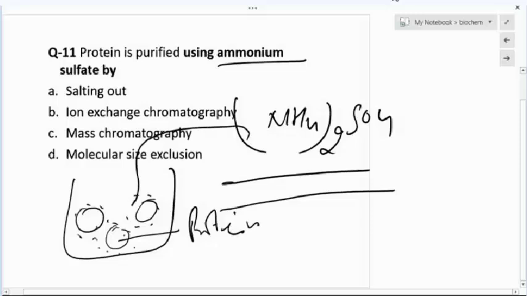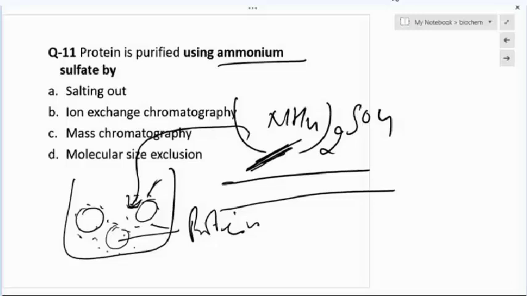When you add the ammonium sulfate powder in this protein solution, the ammonium sulfate will try to dissolve itself. In that attempt, it will deprive the protein of its water shell. It will consume a lot of water to solubilize itself, so the water shell will be deprived around this protein, and this protein will undergo precipitation.